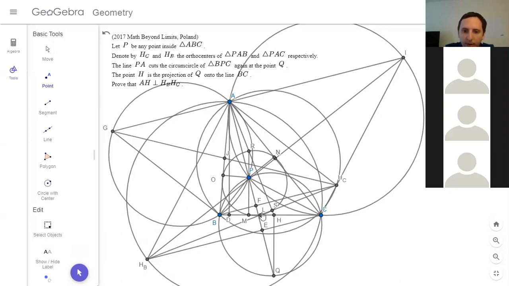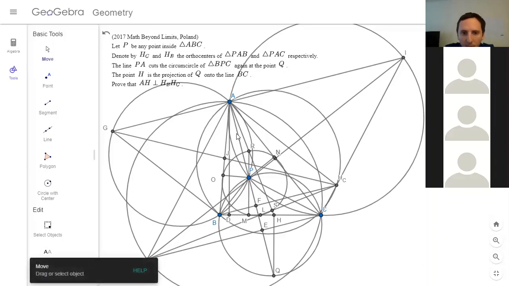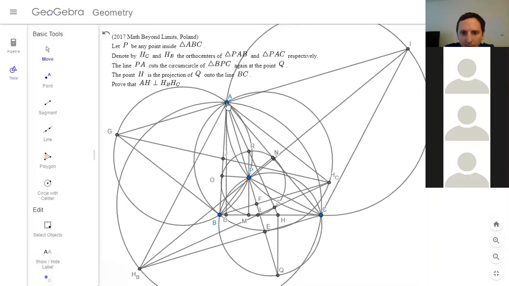Because once we know L lies on that circle, then angle HCLC, or angle MLS, but yeah, I still don't know.